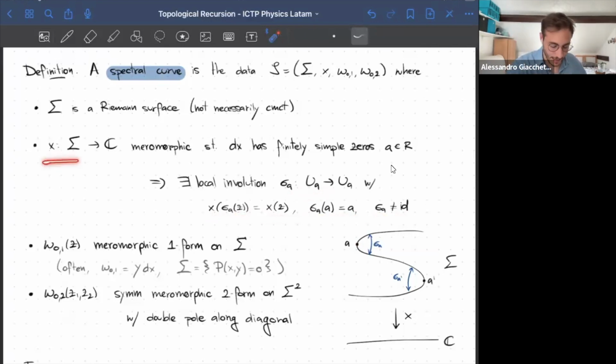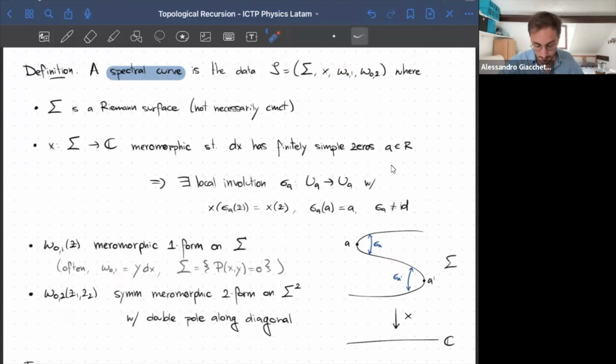Okay, so you have this function x, which satisfies this property. And then you have, as part of this data, omega 0,1, which is a meromorphic one-form on your Riemann surface sigma. And often, instead of giving omega 0,1, you can just write omega 0,1 as y times dx, where y is part of your initial data. So sometimes you will see a different definition of a spectral curve, where you have y instead of omega 0,1, but it's equivalent.